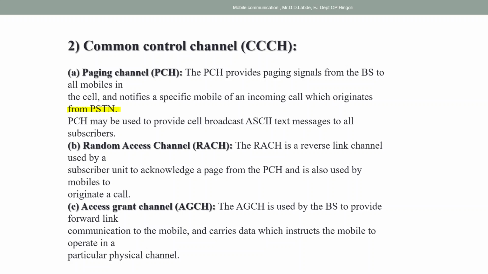Means when you are calling from a landline phone to the mobile, the base station will notify your mobile phone that there is an incoming call for you which is originating from the PSTN network.